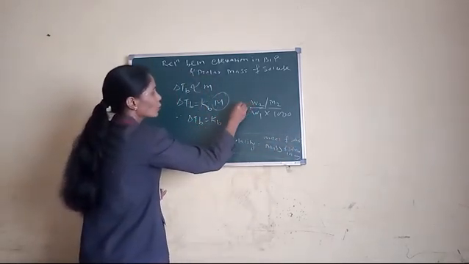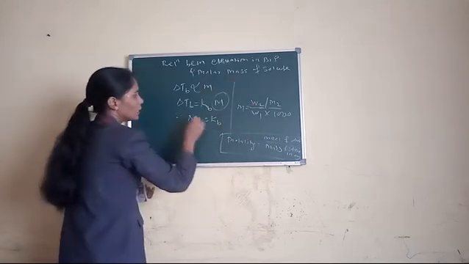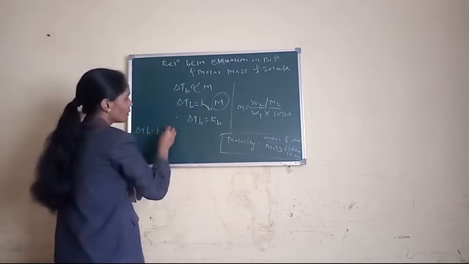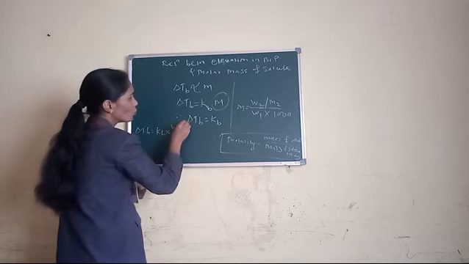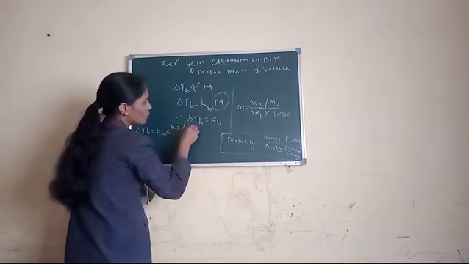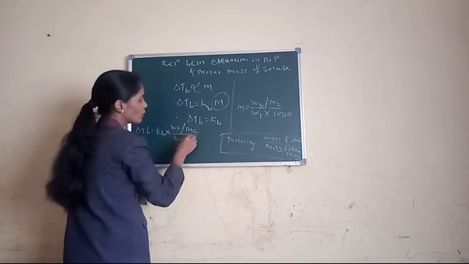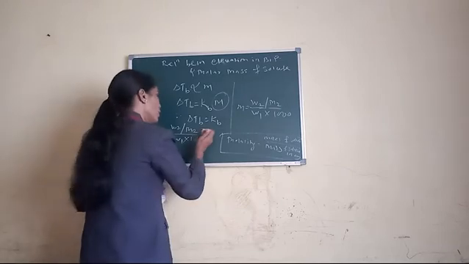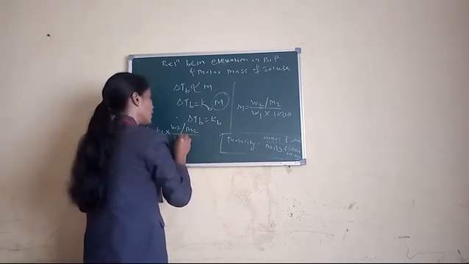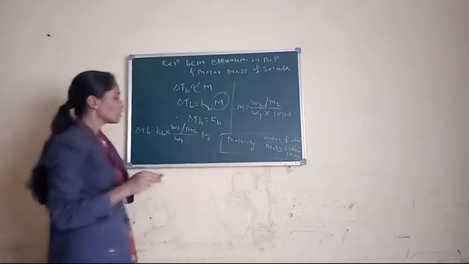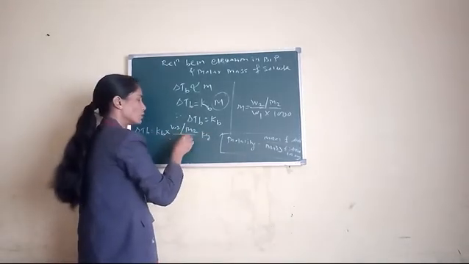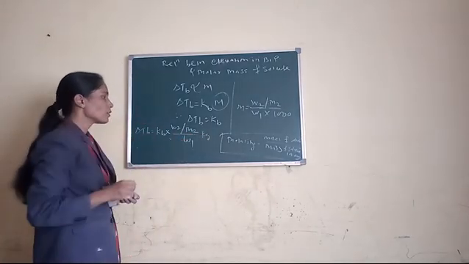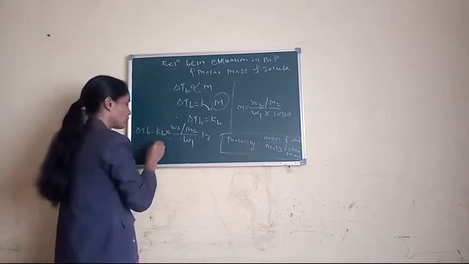This is the formula of molality. Put this value of molality in the equation, then delta TB is equal to KB into W2 upon M2 W1 into 1000, here written this way in kg.